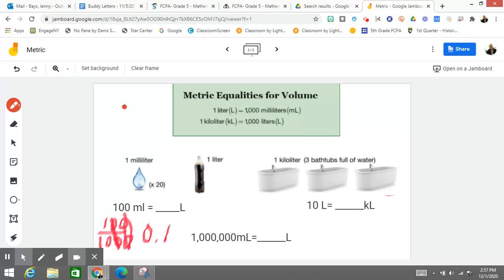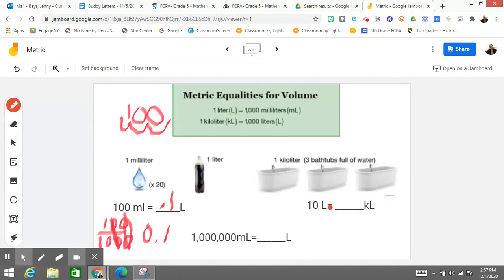Or we can say 100 divided by 1,000. Remember our assumed decimal place at the end. Divided by 1,000 means make it 3 places smaller. So 1, 2, 3. The decimal is going to end up right in front of the 1, which would make it 1/10, just exactly what we got in the other one.